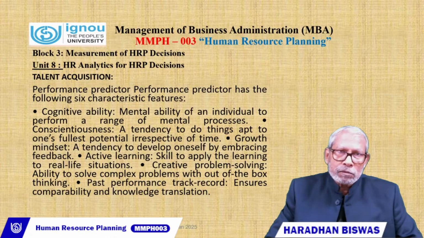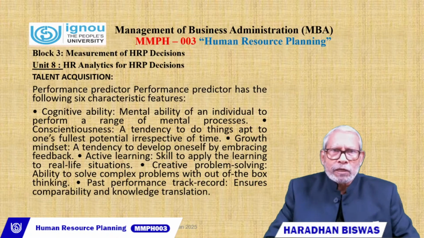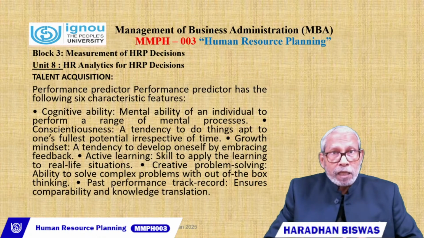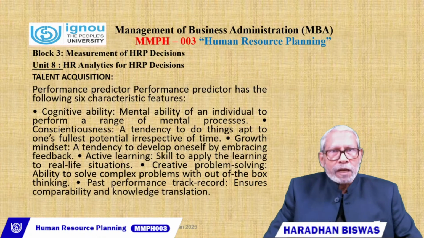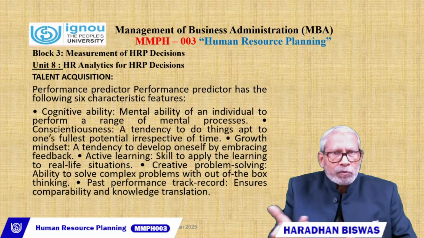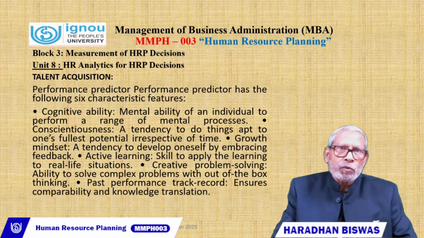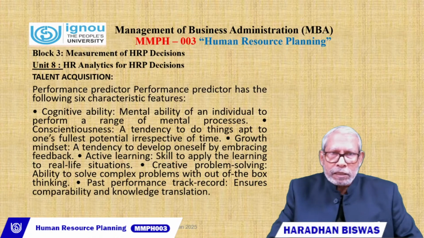These are basically performance based, how quickly you are taking decisions, whether you have that ability or not, and past performance, the track record, what type of decisions you have taken earlier. These are required for further promotion purposes, or when you have to post somebody in a higher position. All these quality characteristics can be analyzed.